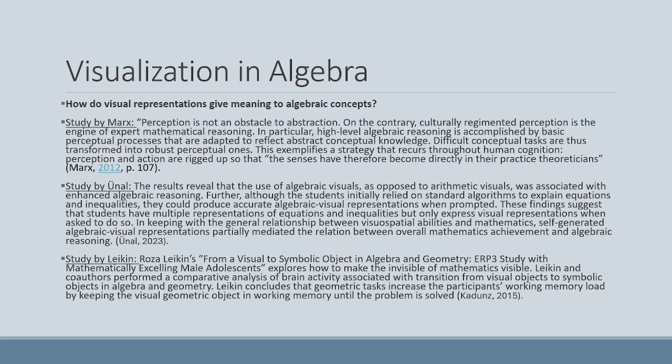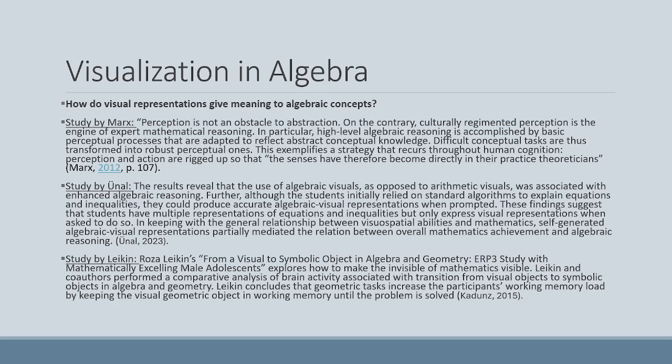Another study by Unal. The results of this study revealed that the use of algebraic visuals as opposed to arithmetic visuals was associated with enhanced algebraic reasoning. Further, although the students initially relied on standard algorithms to explain equations and inequalities, they could produce accurate algebraic visual representations when prompted.